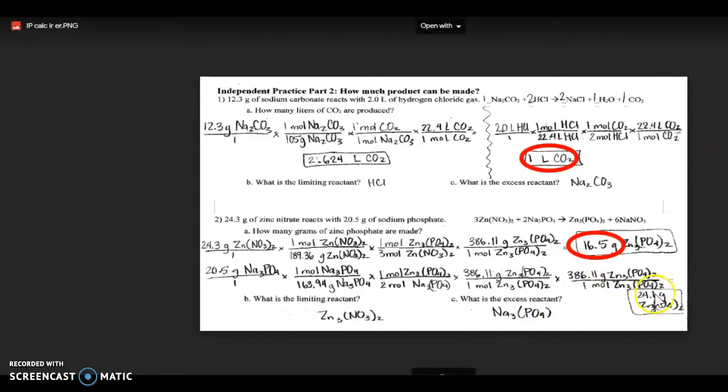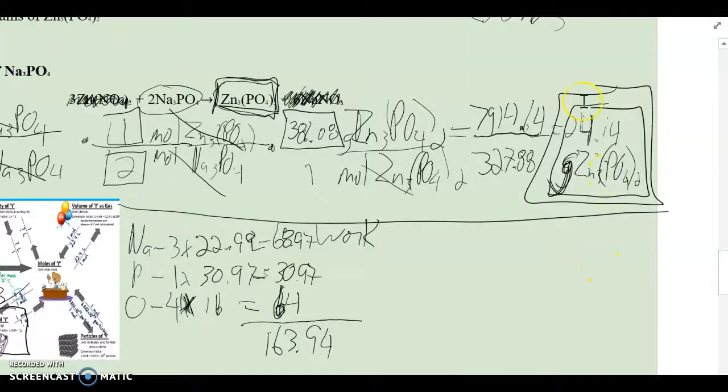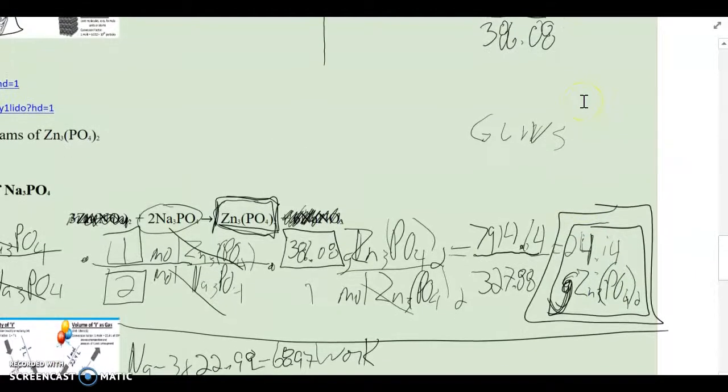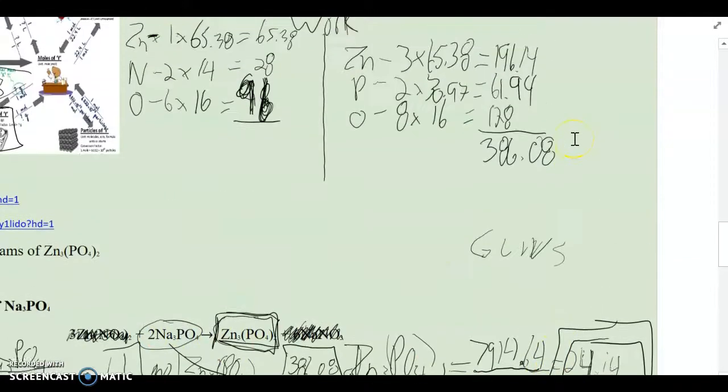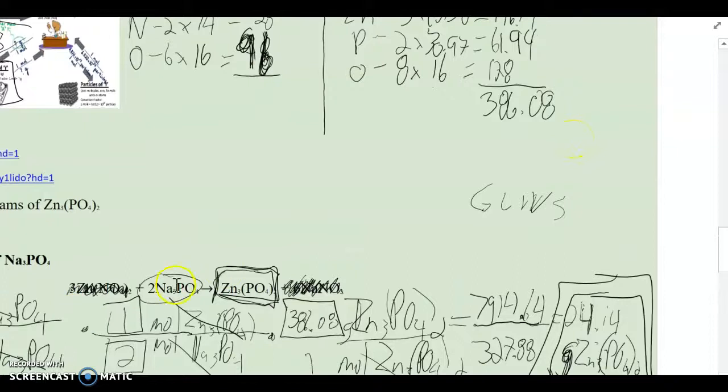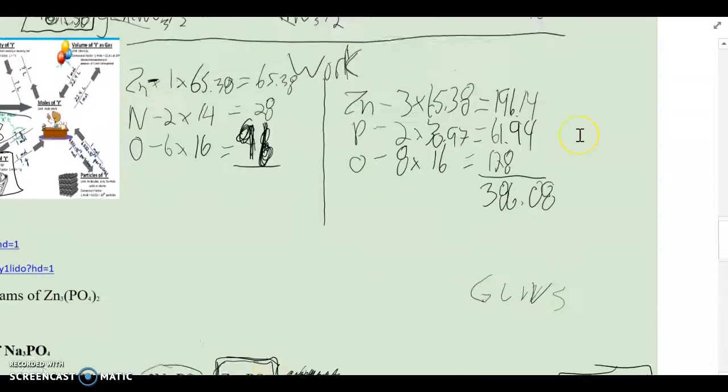What did they get? Yeah, 24.1. So cool. That's pretty close. Now it's just time to make a decision. So if I use up all of this reactant, I can make 24.14. If I use up all the Na3PO4, I can make 24 grams of Zn3(PO4)2.